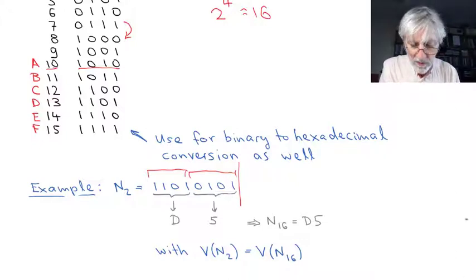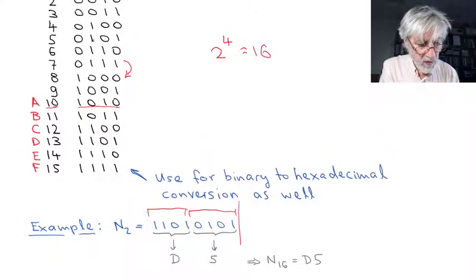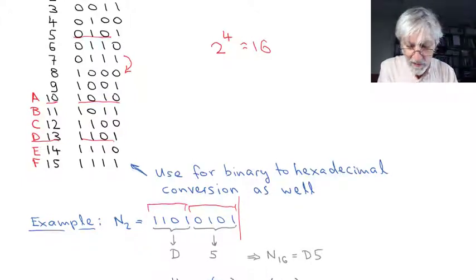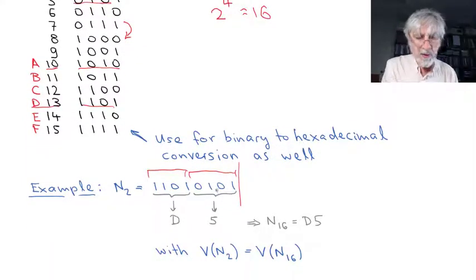So if we go back into the table here, we find that 0101 is equal to 5, and the 1101 is equal to 13 or D, and so we get the conversion of this binary number to hexadecimal is D5, so N16 is D5, and the value of N2 is equal to the value of N16, so those represent the same quantity, just in different representations.